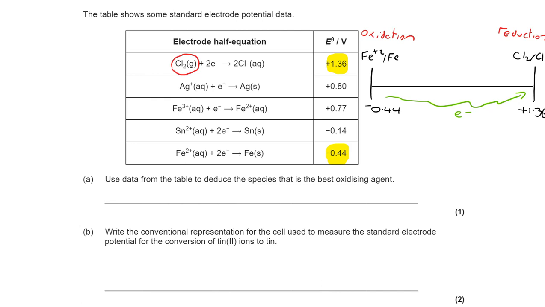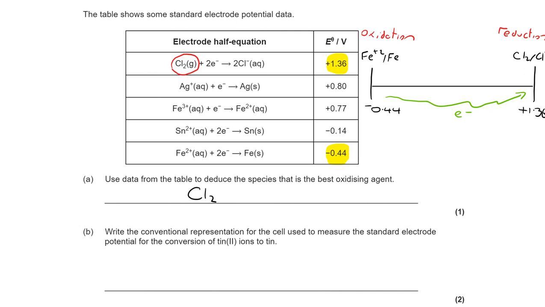And it will be reduced, and it will act as an oxidising agent to Fe. But more than that, if I combined that top half equation with any of the other half equations, it would always be on the right-hand side, which means it would always be reduction, which means chlorine is always the oxidising agent. And it's that reason that we can be confident that chlorine is the best oxidising agent.